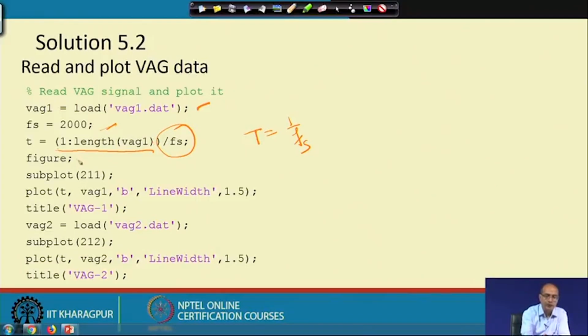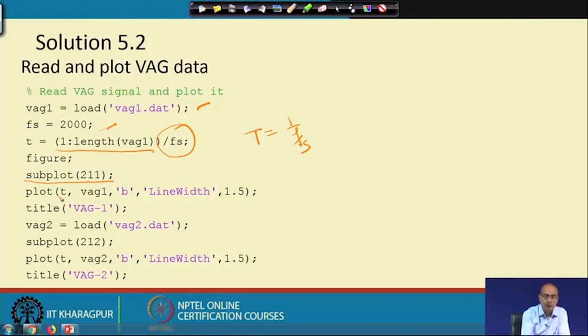Okay. Now, we create the plot. You issue the figure command to create the pane, then we divide it into two parts, the top half being subplot 211.